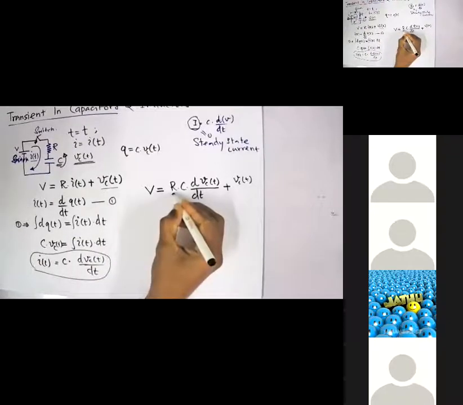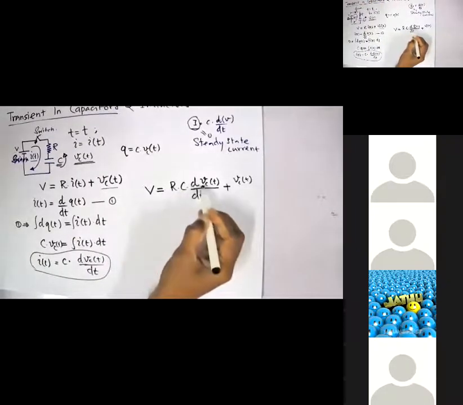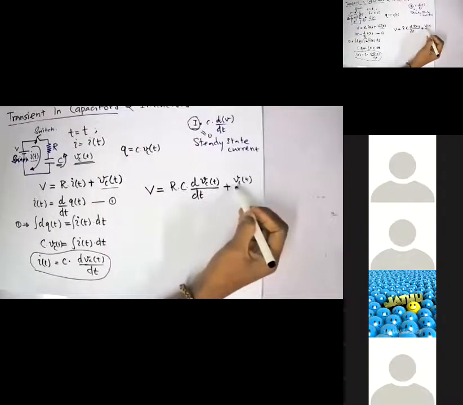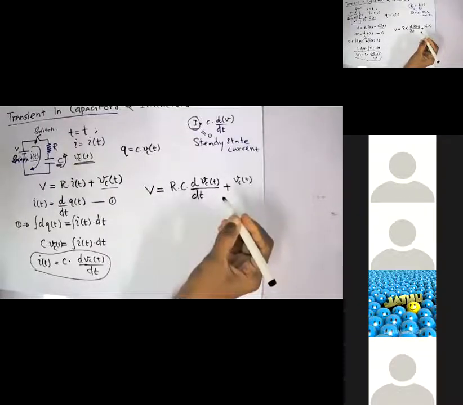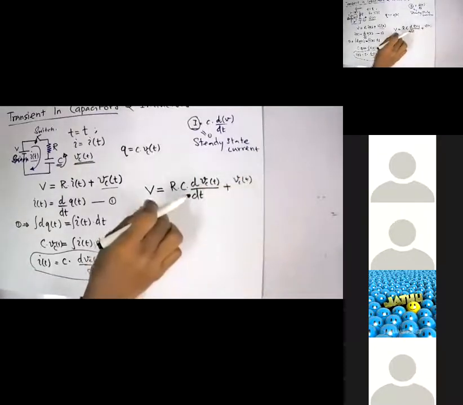Clear, right? So now we have an equation which is RC into dVc of t over dt plus Vc of t, right? So what I can do is bring this one to the other side.